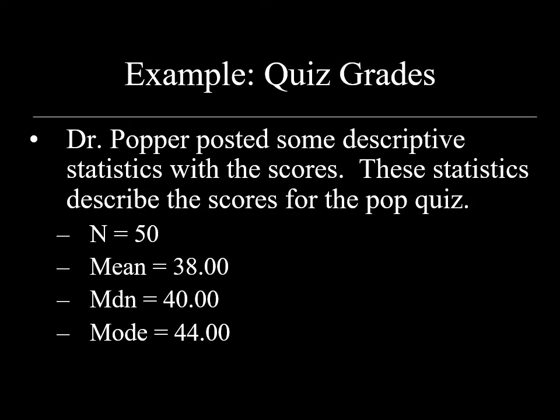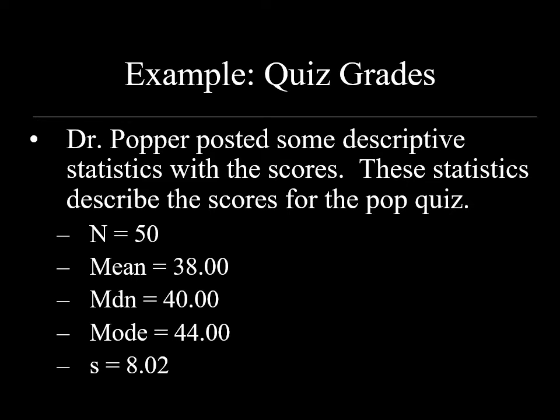Now that starts to give us some information we can use, because assuming it was a normal distribution, and it sounds like it was a little skewed from this data, but assuming it is a normal distribution, the standard deviation was 8.02. We'll round that to 8, which means that if it was a true normal distribution, not only is 38 the midpoint, a 46, which is actually above what you can score, would be the top of that standard deviation, and down to a 30 would be the bottom.